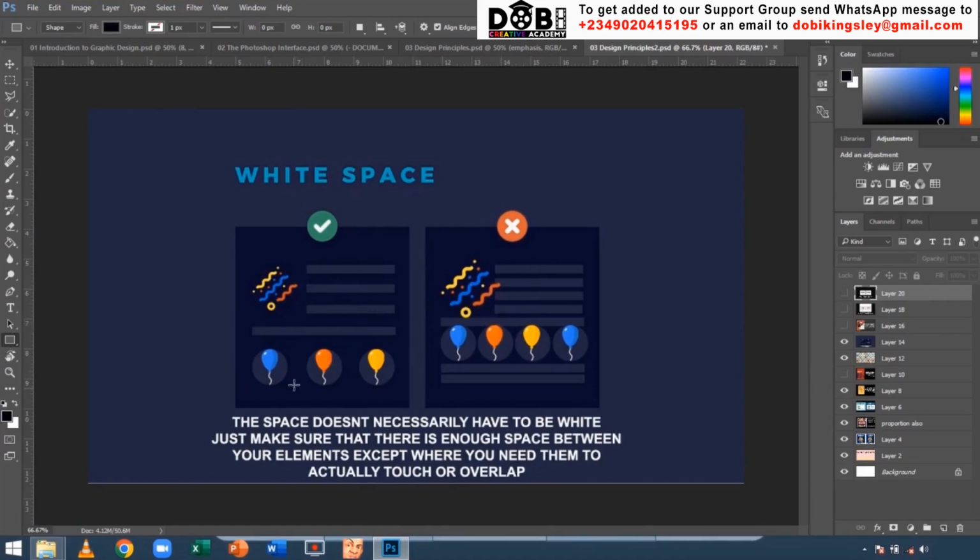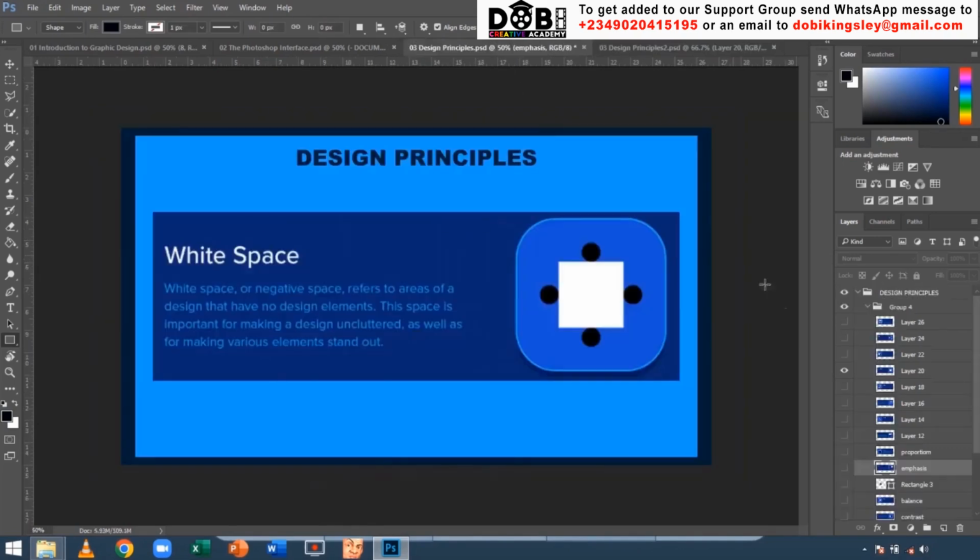So the space doesn't necessarily have to be white. You just have to make sure there is enough space between your elements, except where you need the elements to be overlapping or actually touching. It's best that you leave spaces in between the elements.